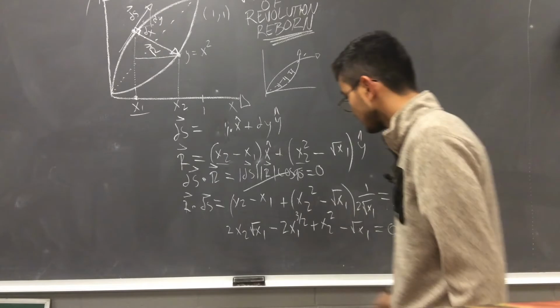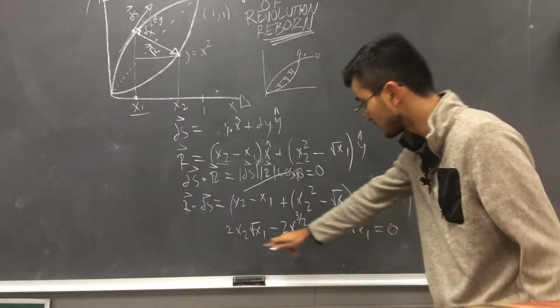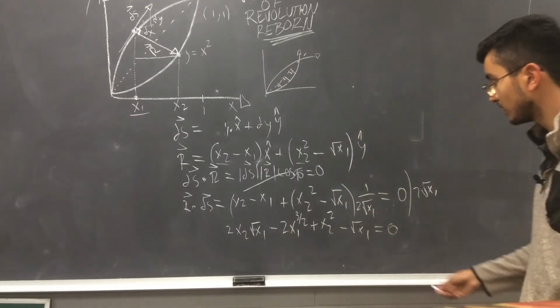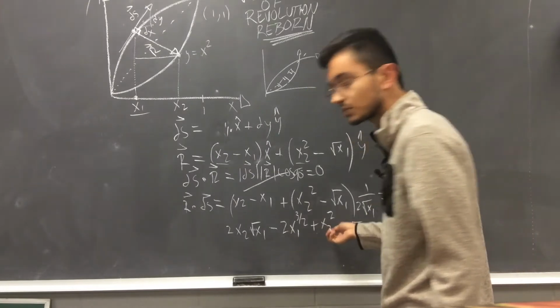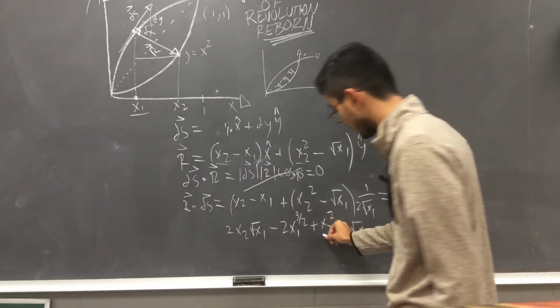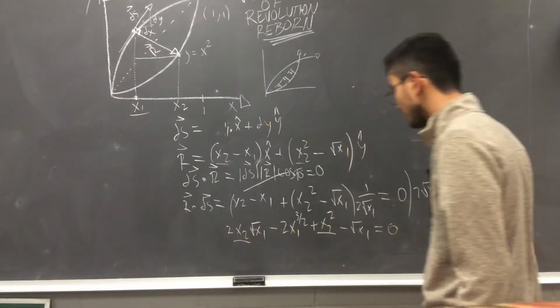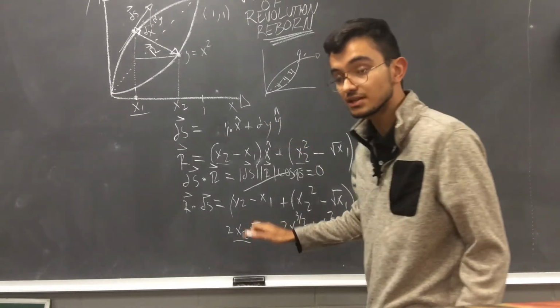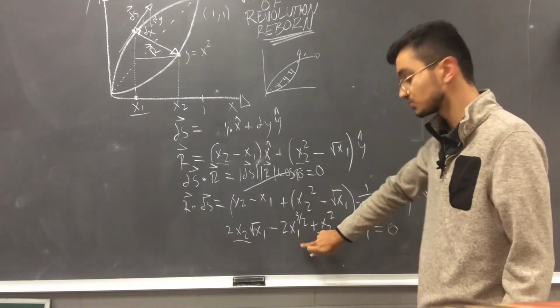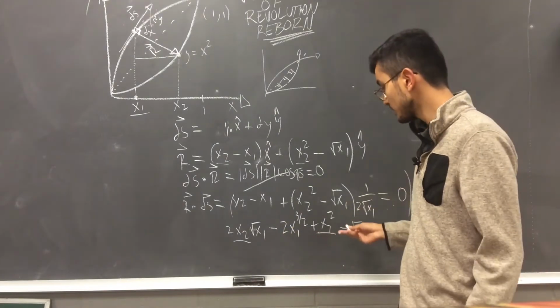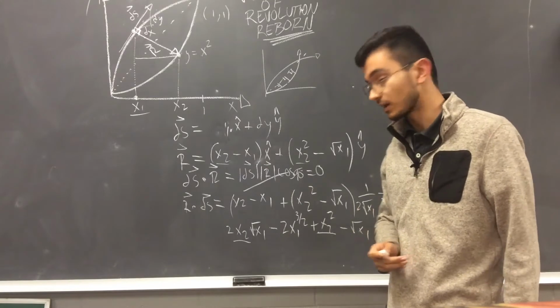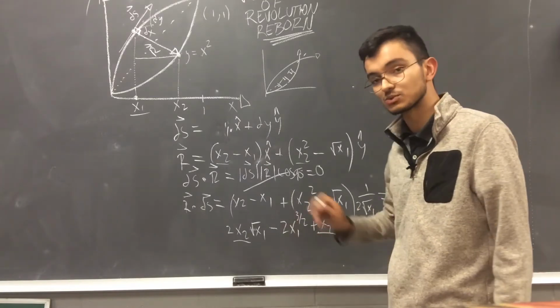Now, note that for this equation over here, we can observe that there is a quadratic function in terms of x2. So if we underline all the x2's in here, we find that if we treat x1 as a constant, we can certainly use the quadratic formula to find x2 in terms of x1.